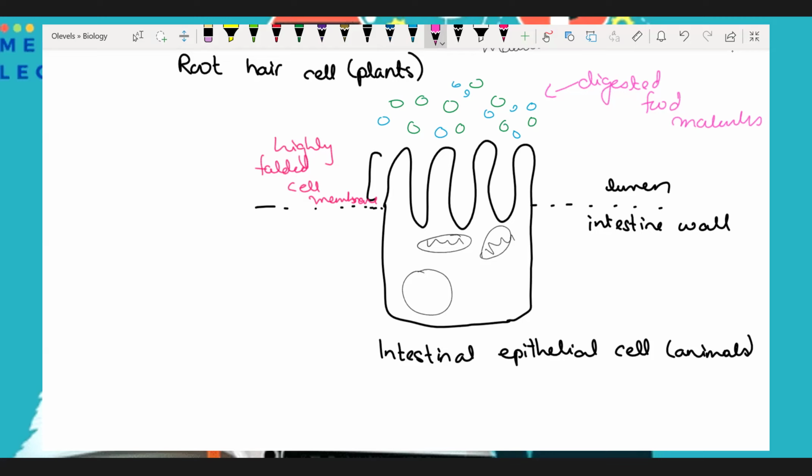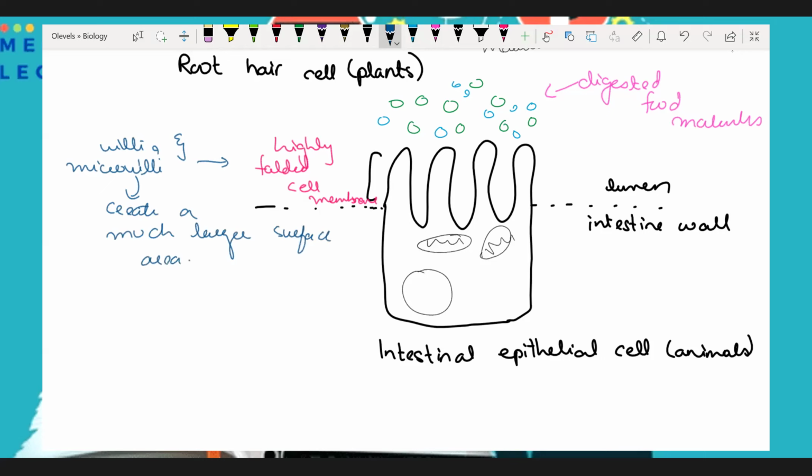Hmm. So actually, these folds are the villi and microvilli. They are creating a much larger surface area. Surface area for what? For absorption of more nutrients from the lumen.